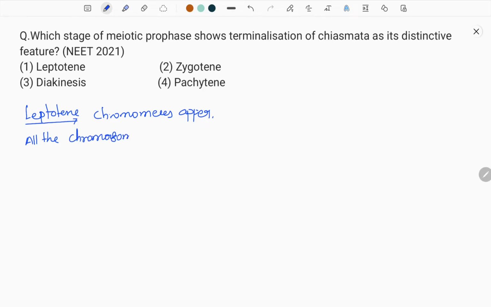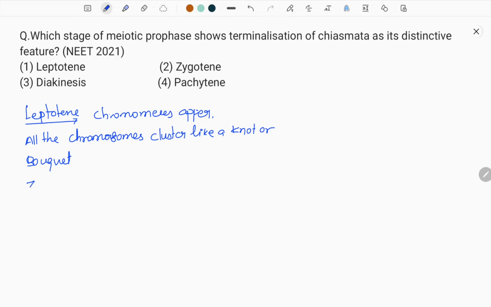So all the chromosomes cluster like a knot or bouquet. So it's called bouquet stage, or knot stage.